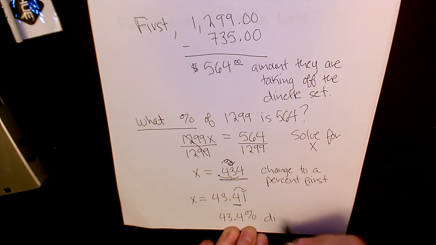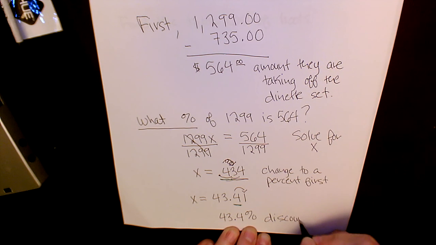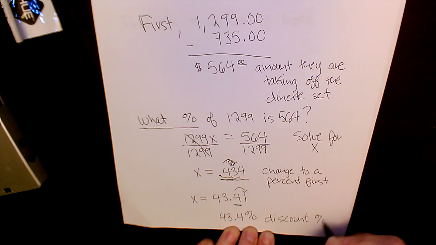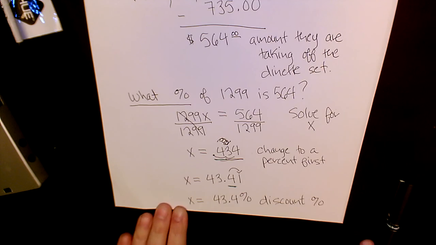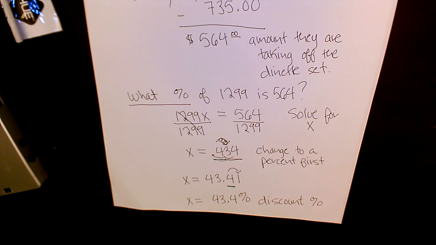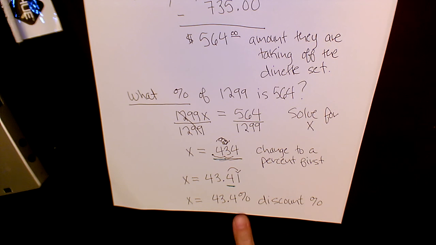So here is what I got off of the dinette set: 43.4%, rounded to the nearest tenth. I hope that's okay. If you kind of got lost in here, let me know and I can go back over that. Okay? I'm going to go to my next 2 problems on the next video.